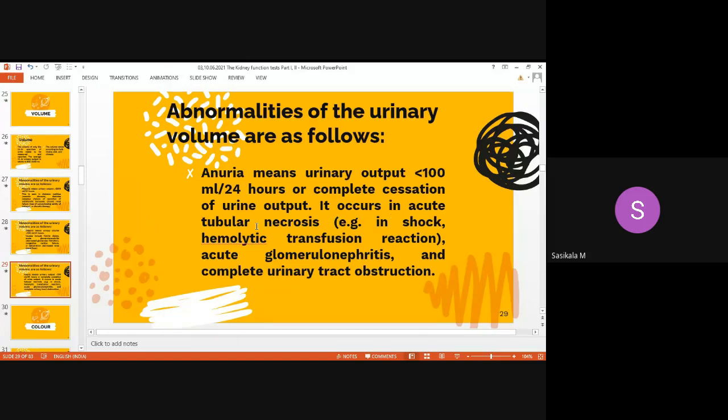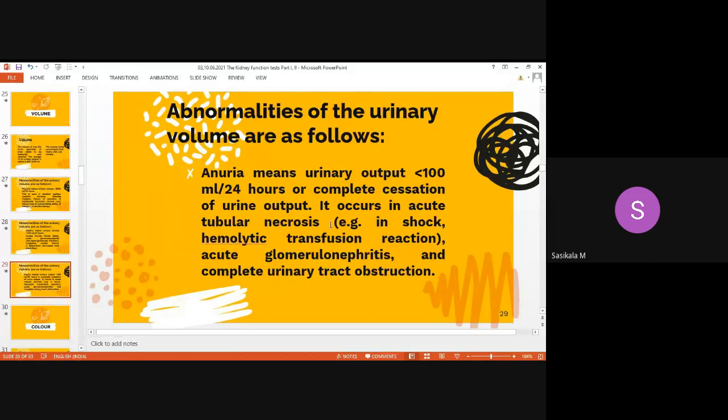It occurs in acute tubular necrosis, for example in shock, hemolytic transfusion reactions, then acute glomerular nephritis, and complete urinary tract obstruction. So these are all conditions that cause anuria, that means absence of urination. Urinary output will be completely stopped, or it will be less than 100 ml per 24 hours.